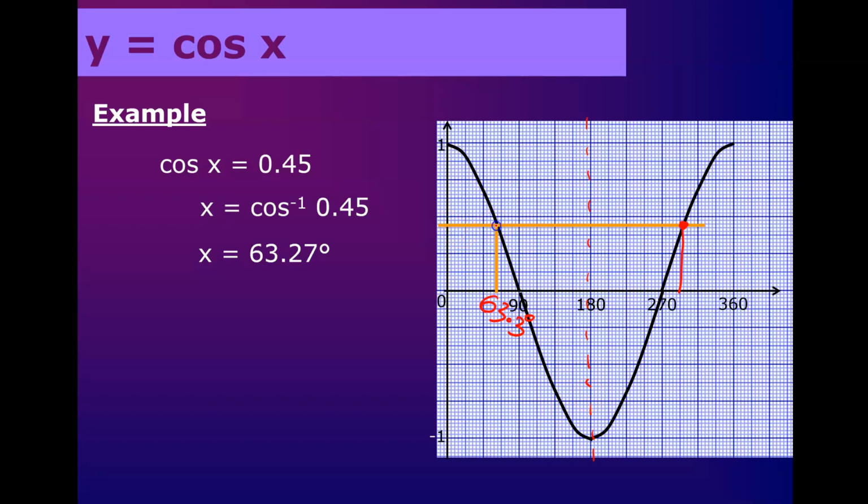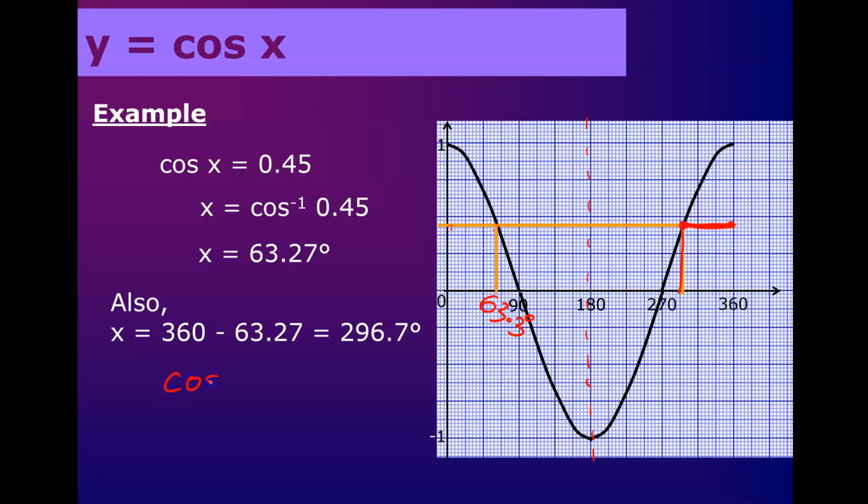Because that length there is 63.3, that length there is 63.3. So what we can do is 360 take away our 63.3, or 296.7, and we get our second value. So we still have two values. Even if we did a negative one, if we did, for example, let's try one.